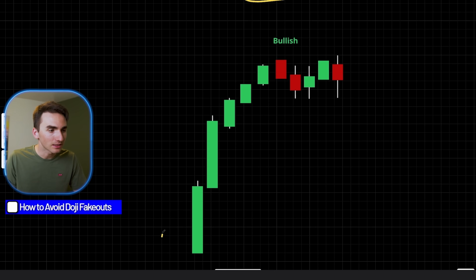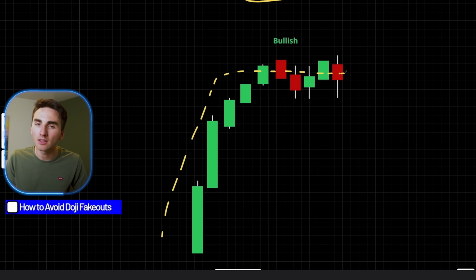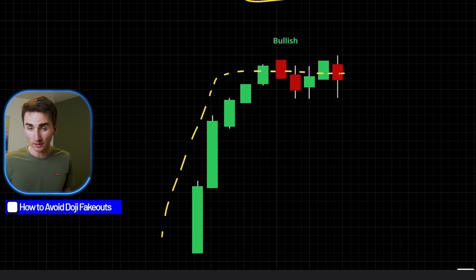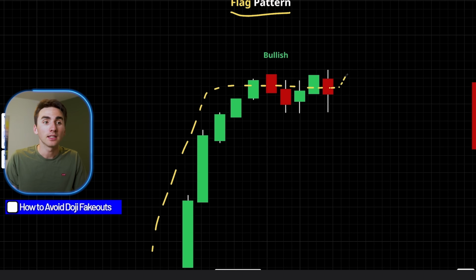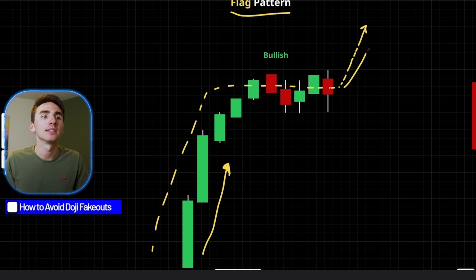The idea with this is the market's had a really strong move higher, and it's now just taking a breather. It's coming to a point where it just needs to catch its breath. It's a little overextended, and this pattern often signifies a continuation, that it could continue higher, that this momentum it had before is just taking a pause, and it's going to come back in and push the market higher.